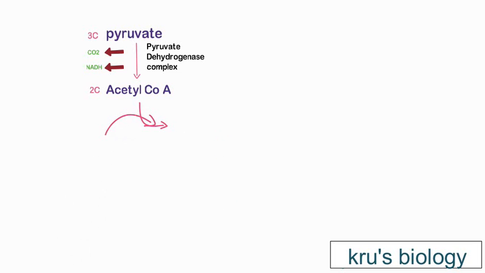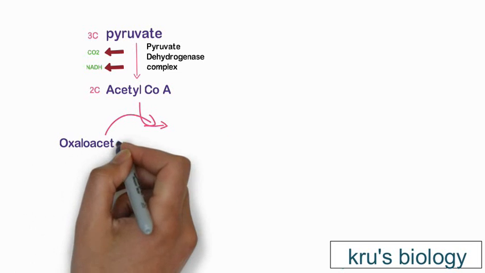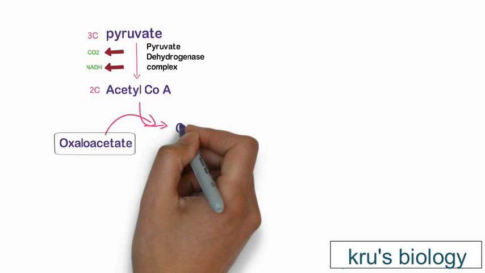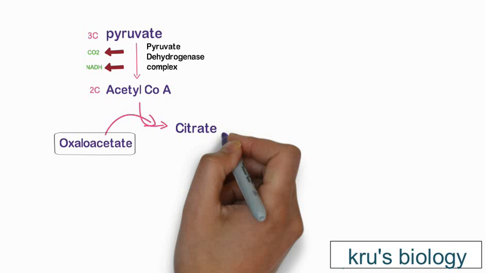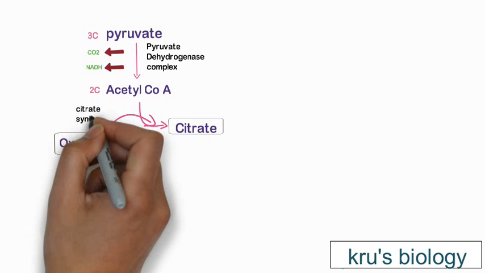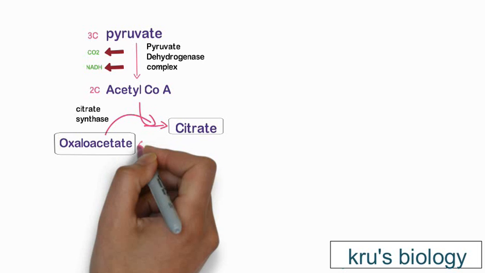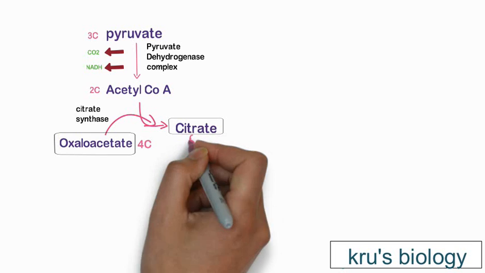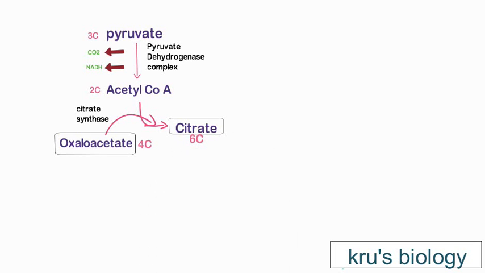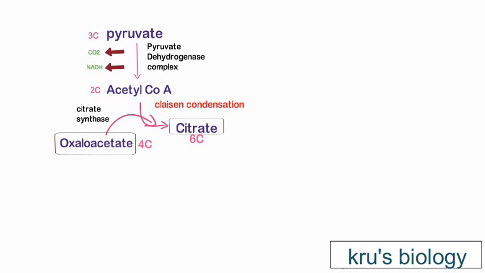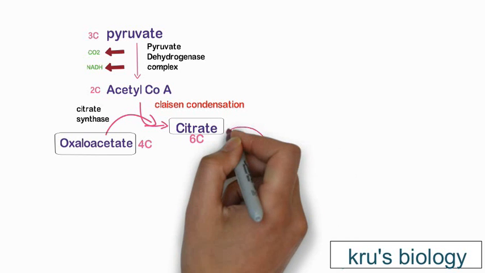The TCA cycle starts when acetyl-CoA combines with oxaloacetate and gives rise to citrate via the enzyme called citrate synthase. Oxaloacetate is a 4 carbon compound and it combines with 2 carbons to give a 6 carbon compound. This conversion is called Claisen condensation.